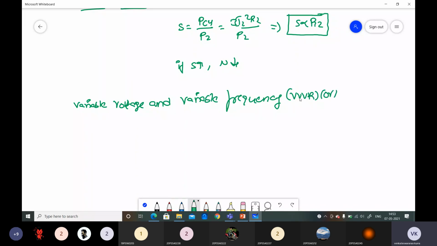VV means variable voltage and the other is variable frequency. This is variable voltage and this one is variable frequency. It is also called the V by F ratio control method.